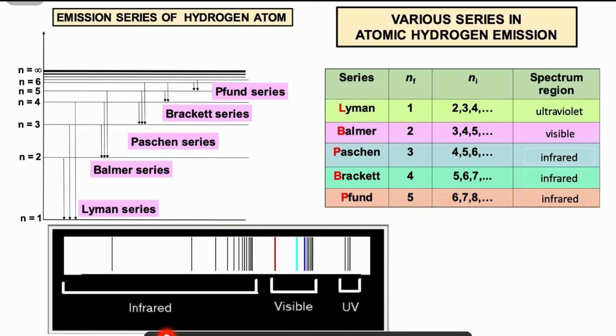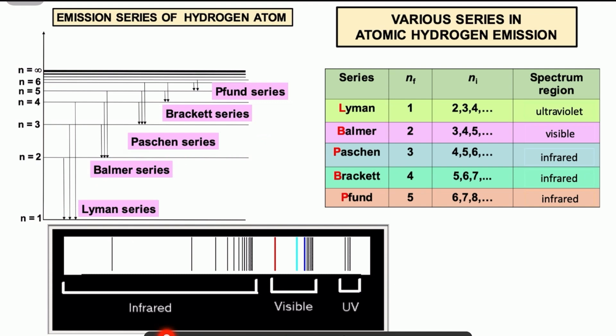These are the various series in the atomic hydrogen emission. When an electron makes a transition from higher to lower level, it can form the Lyman series, Balmer series, Paschen series, Brackett series, or Pfund series.